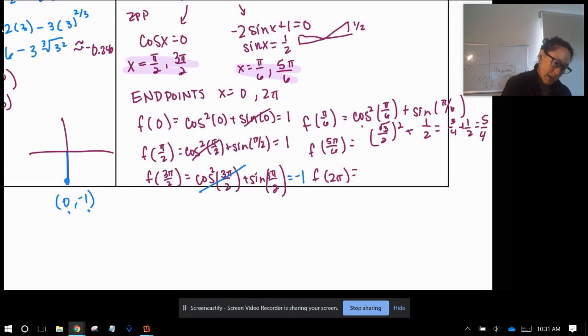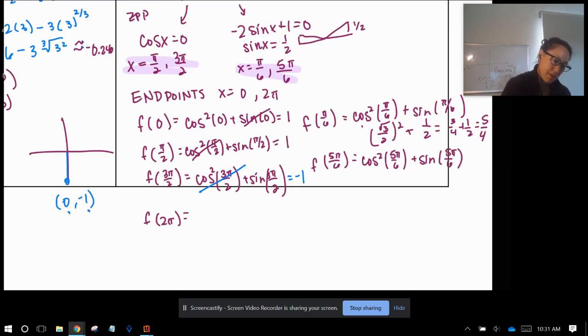Okay, the last two, let's give us a little more room. I have cosine squared of 5 pi over 6 plus sine of 5 pi over 6. 5 pi over 6 is the same as pi over 6, but with different signs. So cosine squared of 5 pi over 6 is negative root 3 over 2, squared, plus 1/2. And so this is also going to equal 5 over 4.